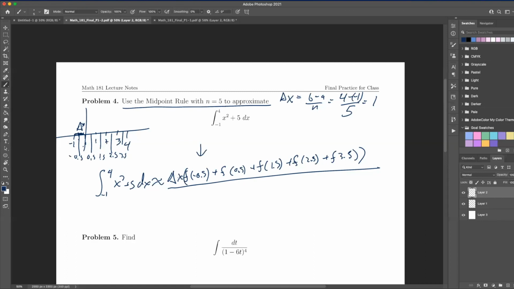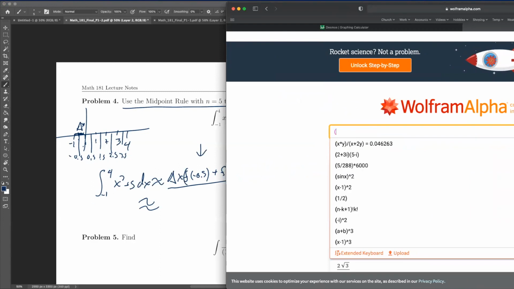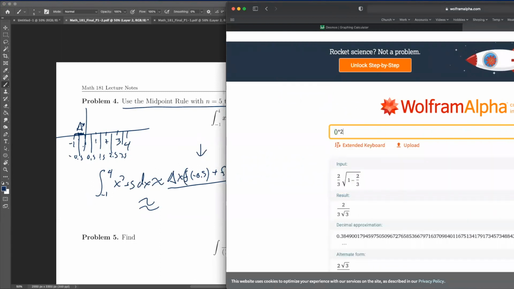And this is just 1. And so since this is just 1, all I really need to do is add up each of these individually. So how do I do that? Well, I just check it through a calculator. It's just a little bit of crunching. So let's do that crunching. I have blank squared plus 5, right? That's what I have.